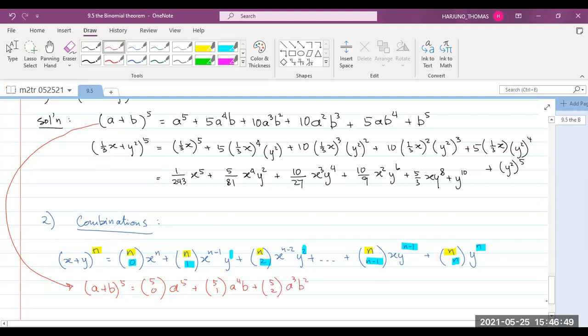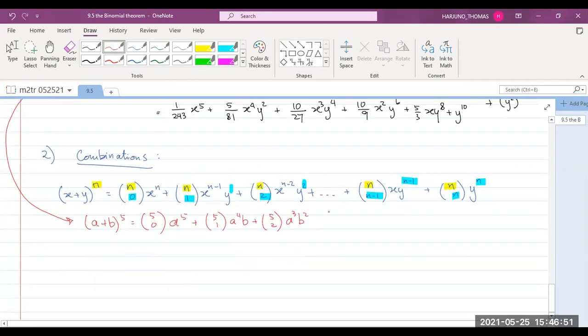Notice that the sum of the exponents is still 5, right? Okay. So 5 combination 3, a squared b cubed. 5 combination 4, a b to the fourth. 5 combination 5, b to the fifth.